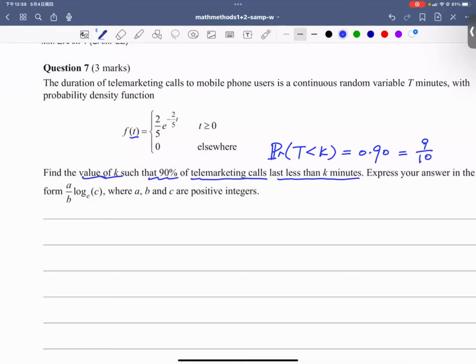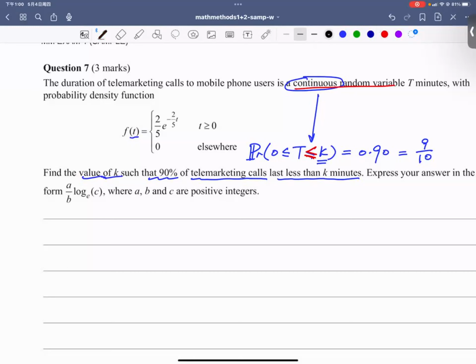All right, so we are finding this k. Remember, if t is less than k, that is also greater than or equal to 0, or you could treat it like equal to, because this is a continuous random variable, okay? For a continuous random variable, you could treat less than and less than or equal to as the same thing.